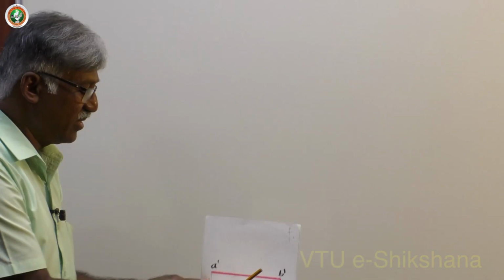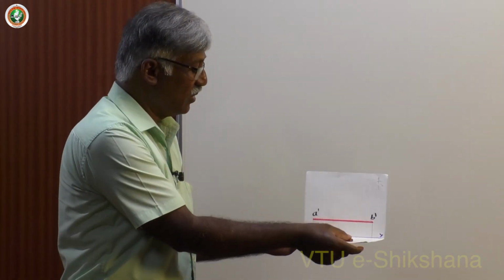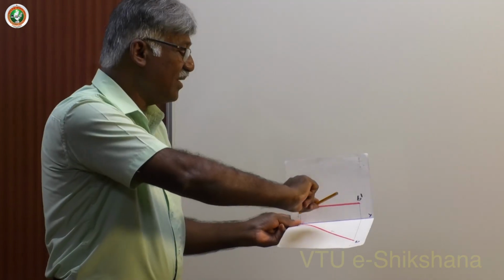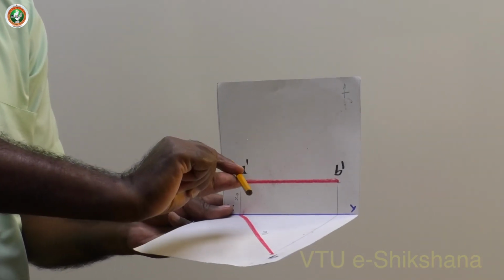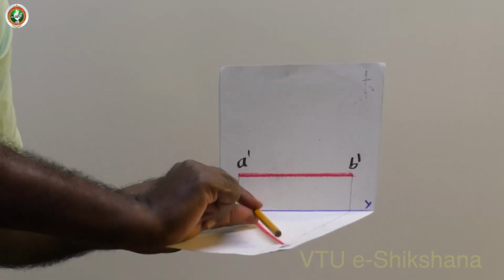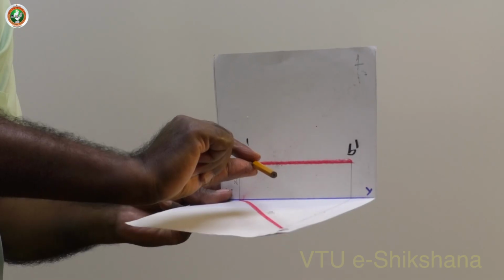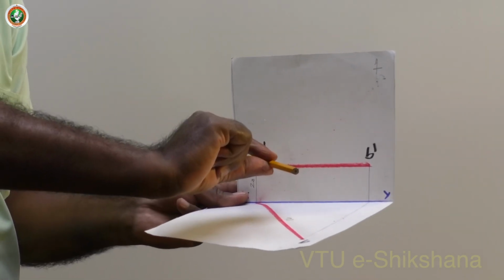Now let us take this model. The line is inclined at some degree to VP and parallel to HP by 10 mm. That means the line itself is 10 mm above HP.